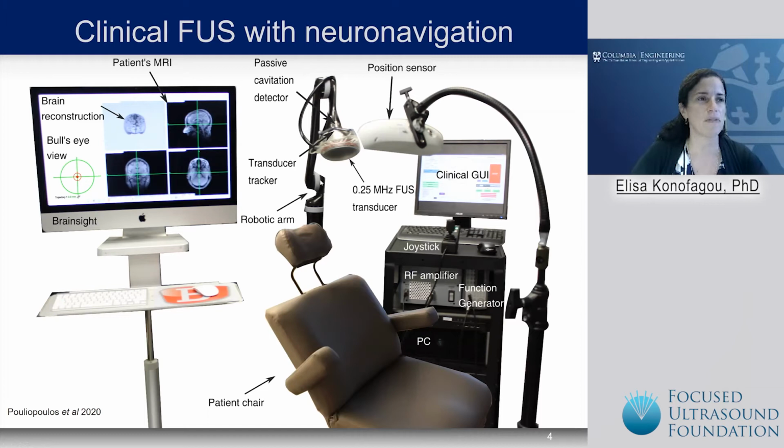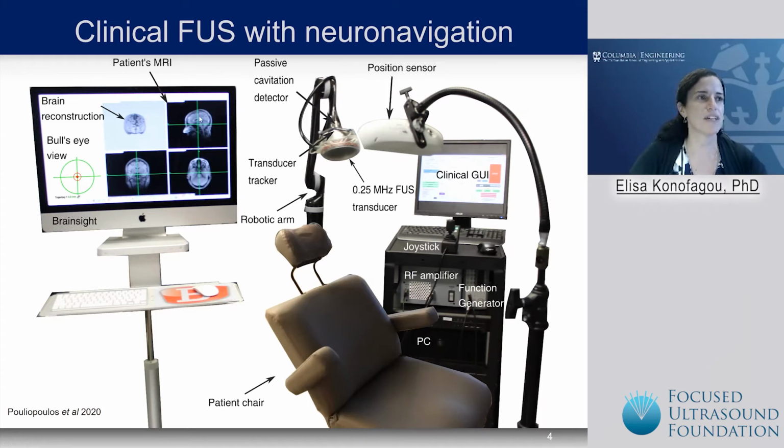There's a robotic arm that can very precisely, millimeter by millimeter, position this transducer. And as I mentioned, the passive cavitation detector, you can't really make it out here, but it's in the middle of the transducer, gathering signals and images, depending on what kind of detection you're doing, from the region where the opening is happening. And then this is registered with existing MRI of the subject.